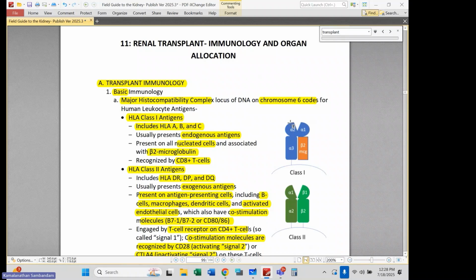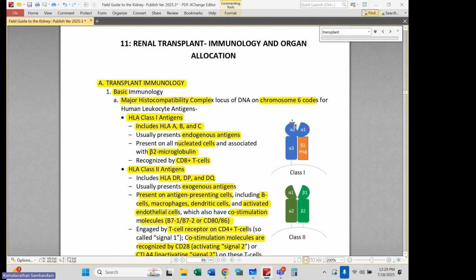There may be an area on this A2 segment of this class 1 molecule. Let's say a B27 molecule. A portion of this B27 molecule, let's say in this A2 region, has commonalities with the A2 region of a B2 molecule, okay? That would be called a public epitope.